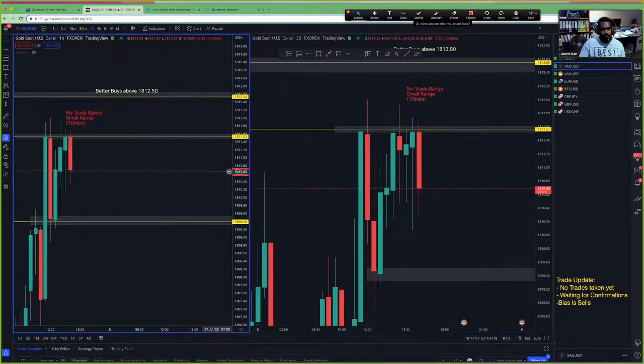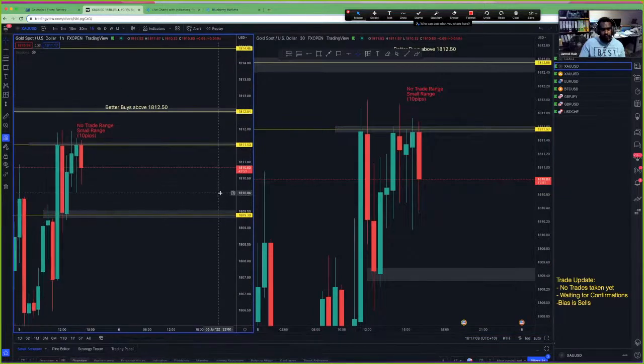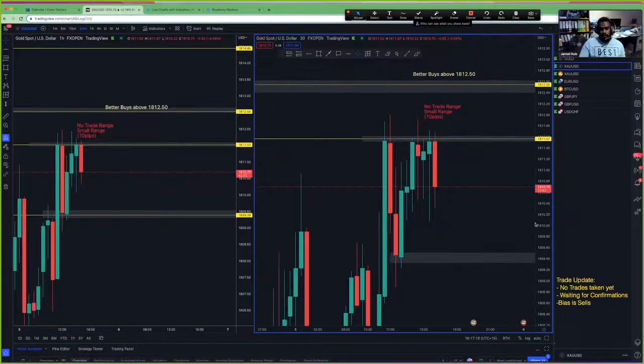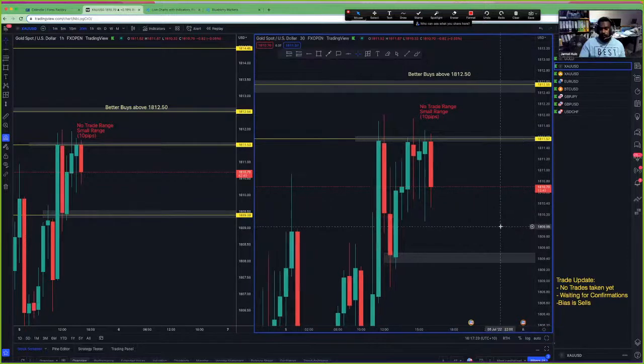We're gonna wait for this 30-minute candle to close. It's very choppy on the 15-minute time frame.